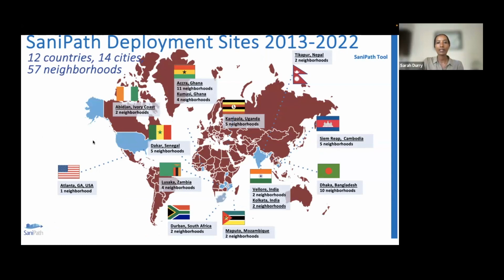However, there are some cases where individuals are using the tool independently of the SaniPath team. I'll also mention that we have started to use the tool in more rural areas, for example, in Ethiopia as well. So it's also been modified for more rural areas.